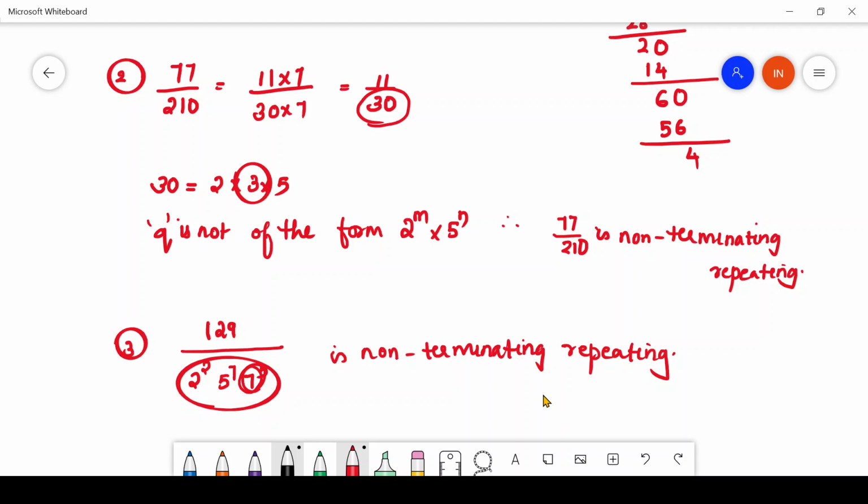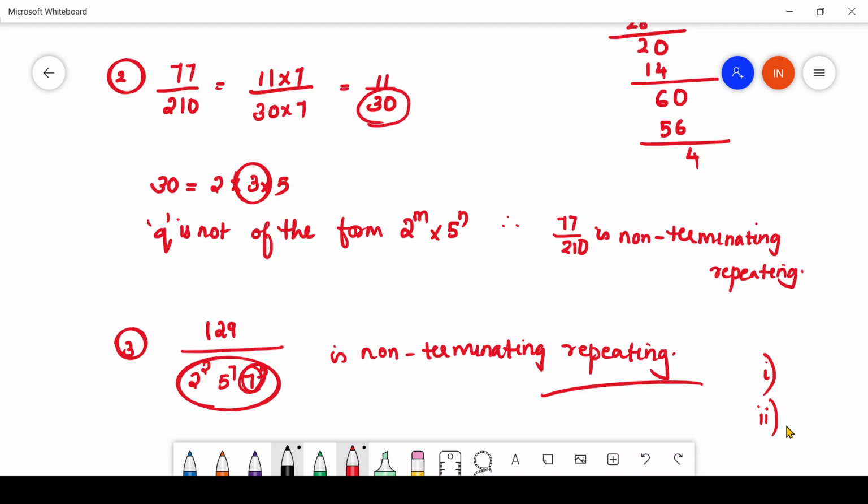So what have we learned today? If a decimal expansion terminates, then the denominator will be of the form 2 raised to n, 5 raised to m. That is the first theorem. The second theorem: if p by q is a rational number and the prime factorization of q is of the form 2 raised to n, 5 raised to m, then we can say that it is a terminating decimal expansion.